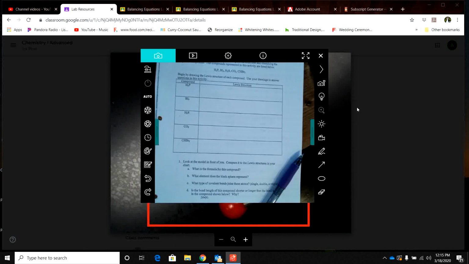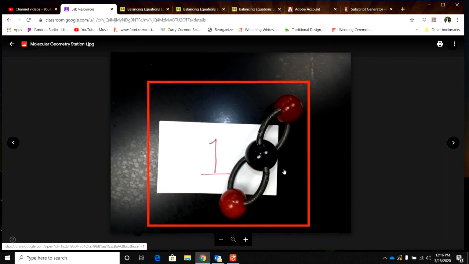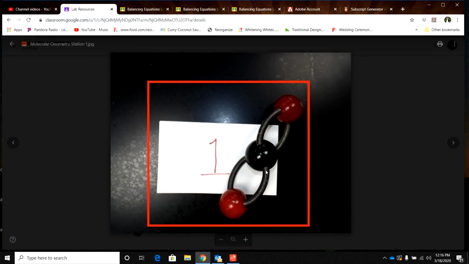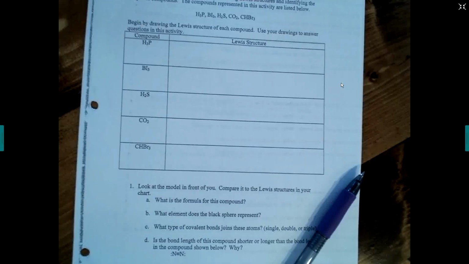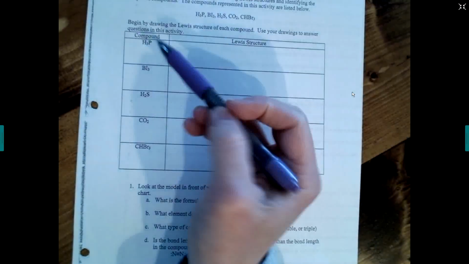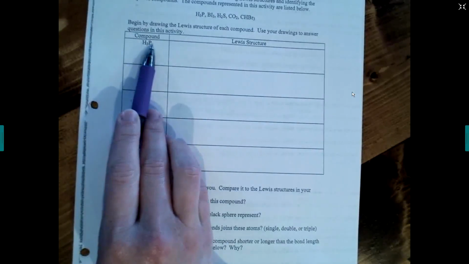So let's take a look at the model again. The model has 3 atoms, and the central atom has no lone pairs, and these atoms are joined together by 2 double bonds. So let's look at our options here. Option 1 has 4 atoms, 3 hydrogens and 1 phosphorus, so it can't be that.